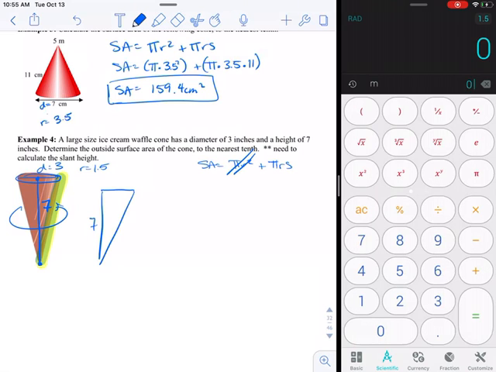The vertical height is 7. The radius is 1.5, so that gives us this part here. And we're going to use a squared plus b squared equals c squared again. So 7 squared plus 1.5 squared equals c squared.